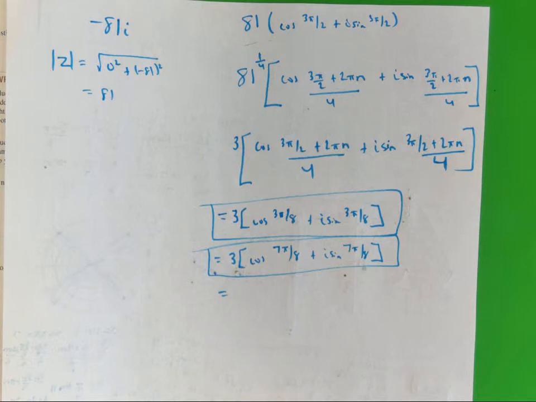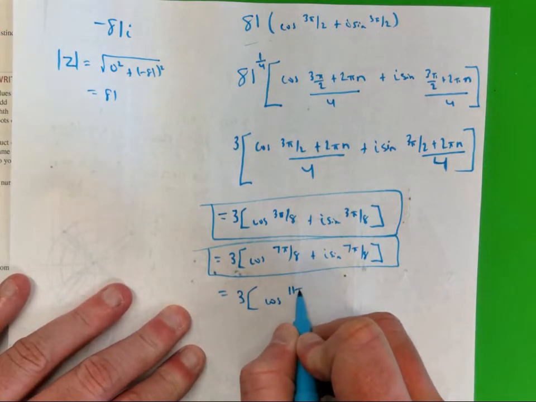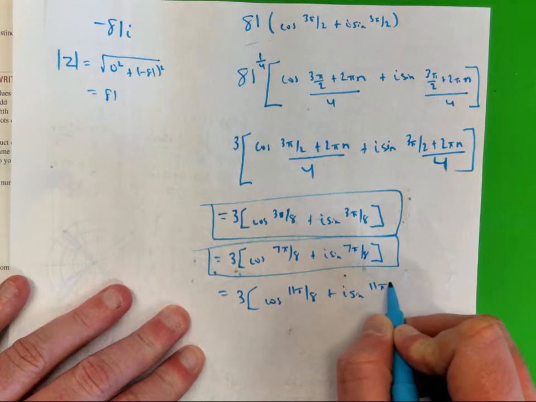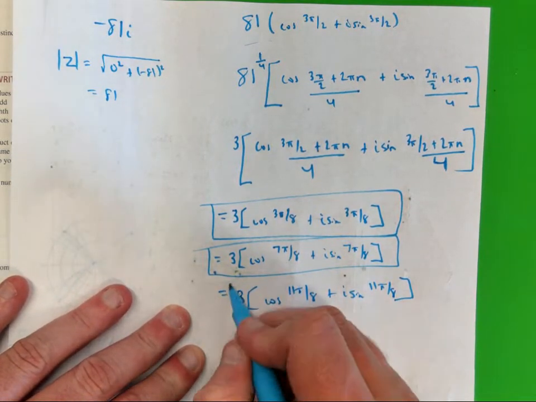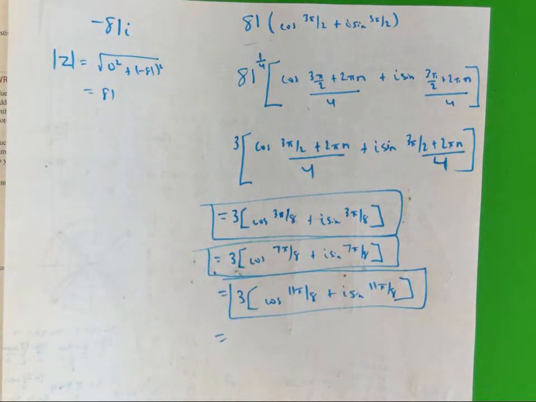Alright, next, when I'm done plugging 0 and 1 in, I'm going to plug 2 in. 2 pi times 2 is? 4 pi. 4 pi plus 3 pi over 2 is 11 pi over 2. And then divide that by 4, that's going to be 11 pi over 8. Are there any questions so far?